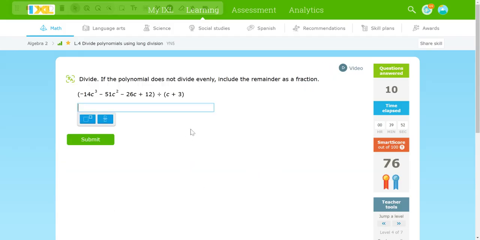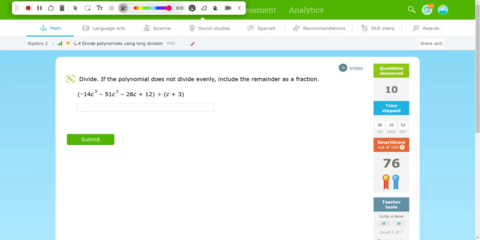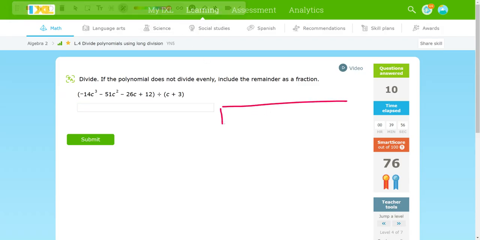Let's draw down the marking over here. We have c plus 3 on the top left, then negative 14c cubed, subtract 51c squared, subtract 26c plus 12.